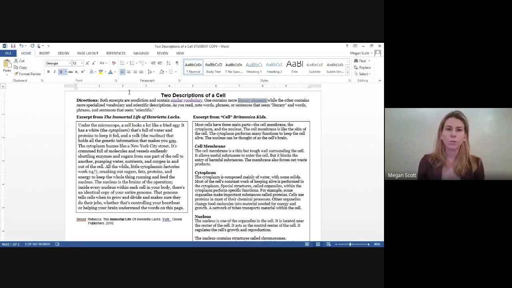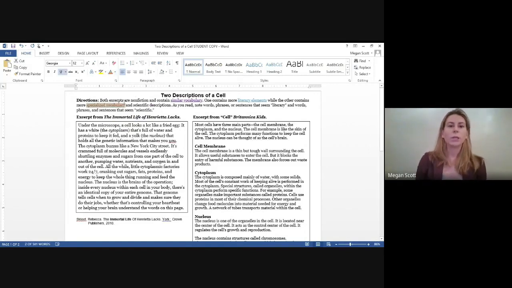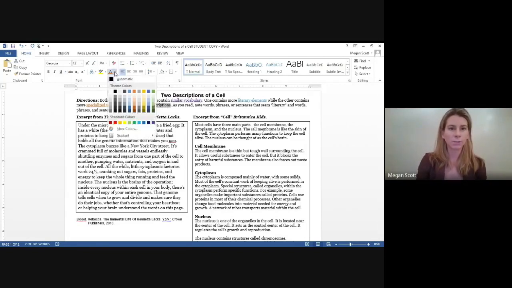You can also have plot from week 1. I know you guys all reviewed narrative structure or plot. Those are also literary elements. While the other contains more specialized vocabulary, the term that we just talked about. Specialized vocabulary are words that you wouldn't necessarily hear outside of that field or in discussion of that topic. And scientific descriptions.